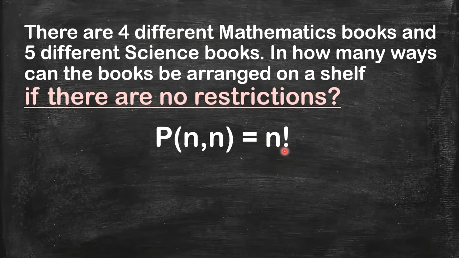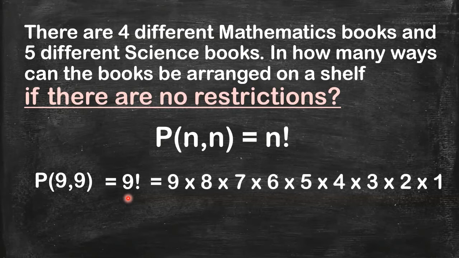So in our problem, we have 9 factorial because we have 9 different books. Okay, walang restrictions. So we just think of 9 objects, and we take 9 objects at a time. So that's why we have 9 factorial here. And what is 9 factorial?